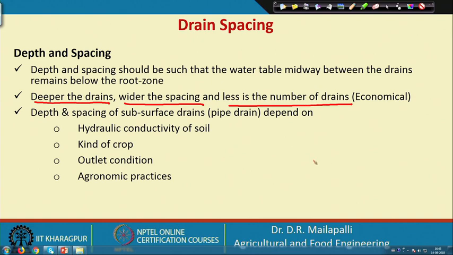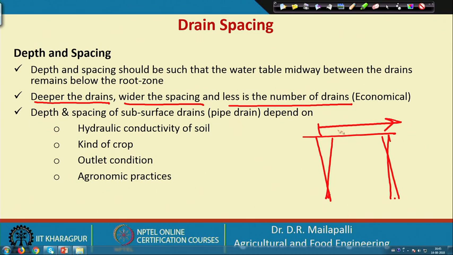So, you can go very deep, and that will allow keeping the drains at wider spacing, so that you can save some money, because earth working will be minimized, and also the number of pipes and laterals will be reduced. And that is economical.